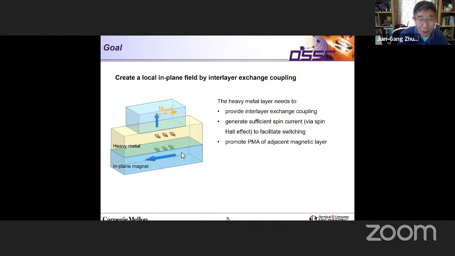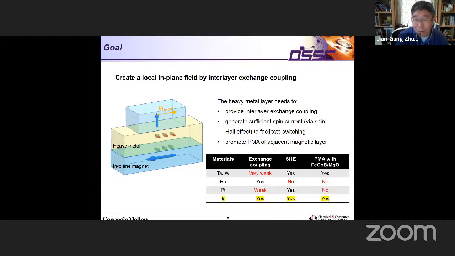If we have an in-plane magnetic film underneath, and interlayer exchange coupling facilitated by this heavy metal layer, then we can apply this built-in in-plane magnetic field. That's the thought, and one of these materials is iridium.